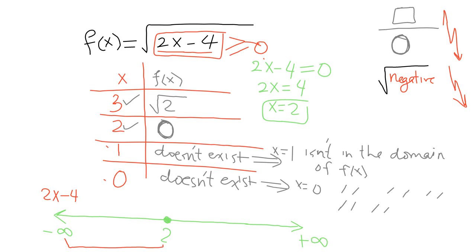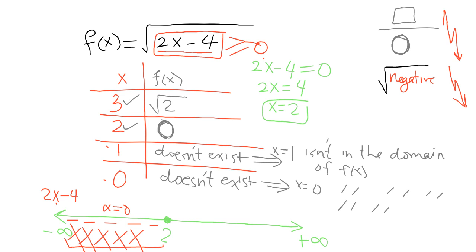Minus 2, 0, 1, all of these are less than 2, right? So take, for example, x equals 0. Substitute: 2 times 0 is 0, minus 4, so the value will be negative. The radical of a negative is out of the domain.